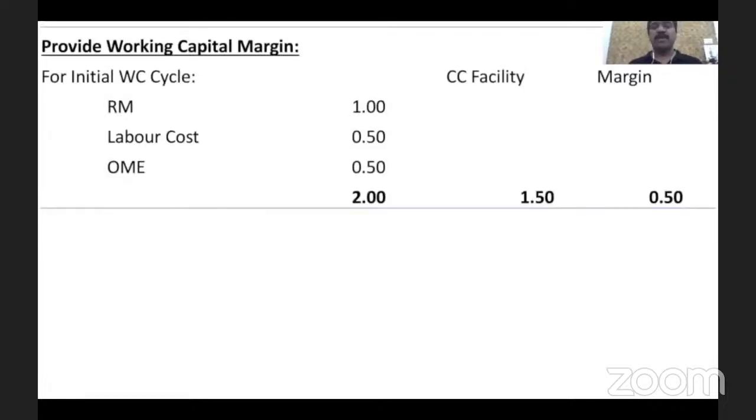That's why our banking system is ready to consider this 50 lakh, basically the margin which the borrower should bring in for meeting the working capital facility, also as cost of the project. So already we have seen the cost of project as 10 crore, right?